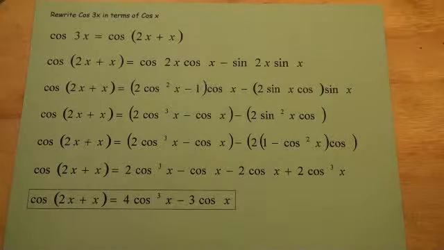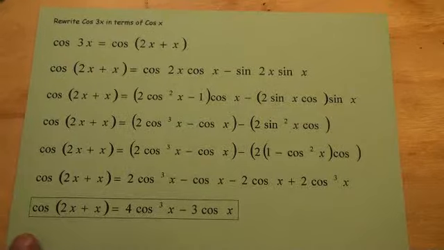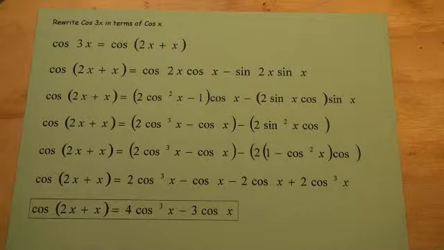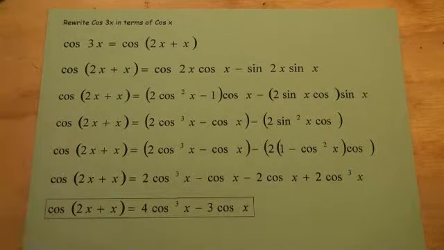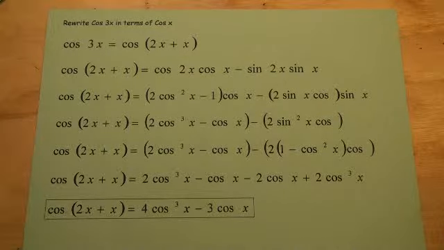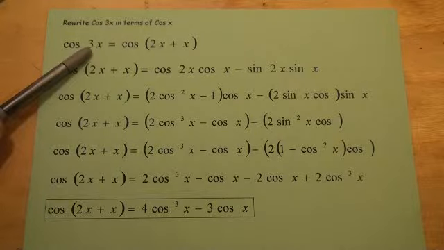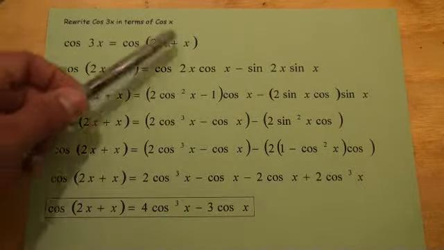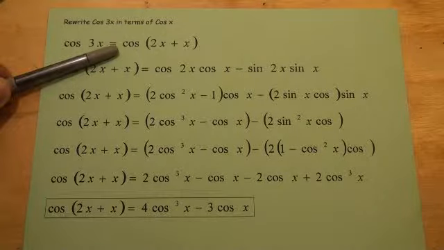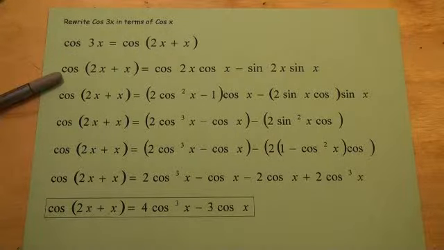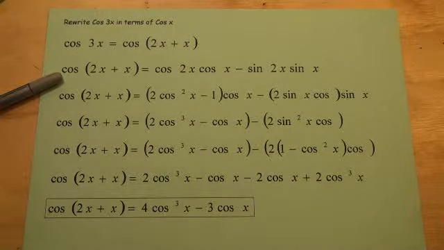Next one, we're going to rewrite cosine triple x in terms of cosine single x. So we're going to basically use the cosine triple angle, cosine 3x. And the trick on that is this. Rewrite your 3x as 2x plus x. Then use the cosine addition identity.